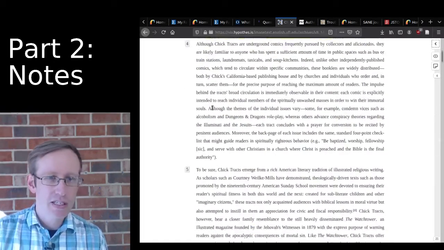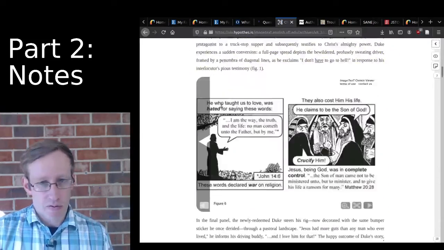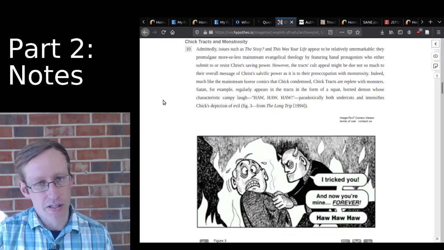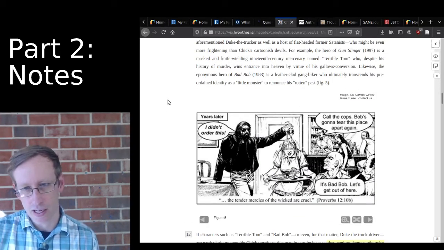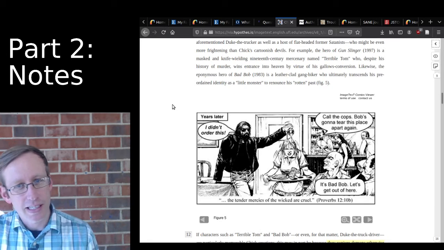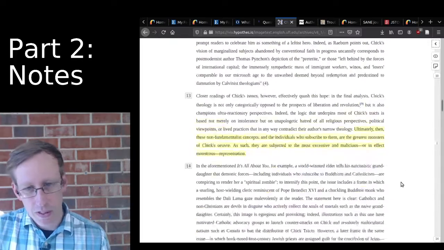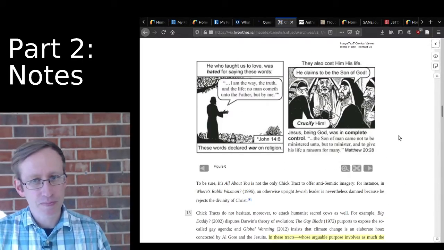This first section has a heading about visual rhetoric. We see some examples from chick tracts. Then here's a discussion of monstrosity and the way that monsters show up. Basically, there are these odd comics where the devil shows up frequently. Satan literally shows up frequently, and he often has pointy horns and everything.